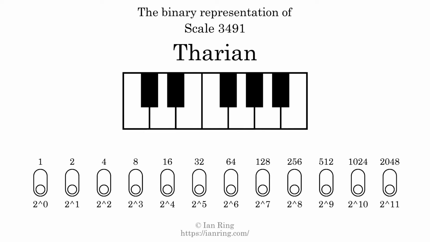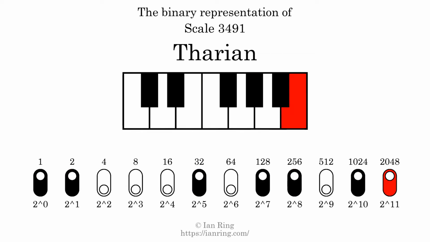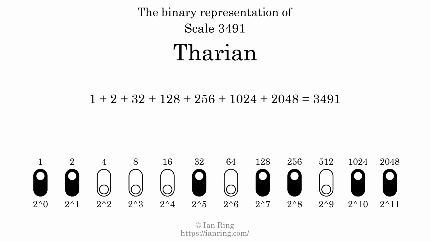The binary representation of this scale is determined by mapping tones of the scale to binary digits. Each binary digit represents a power of 2. To get the scale number, we add the powers of 2 together. The powers of 2 that are present in the scale, all added together, equals 3491.